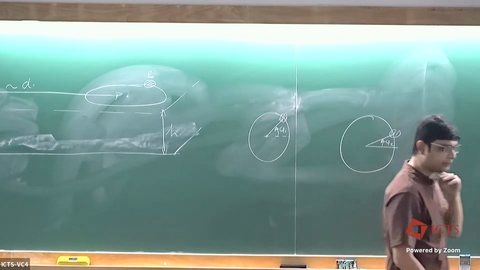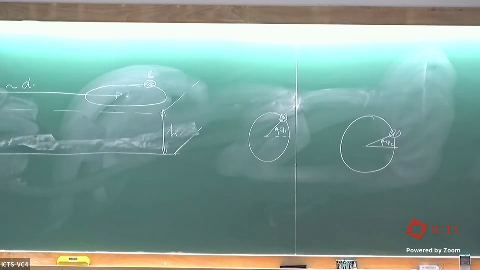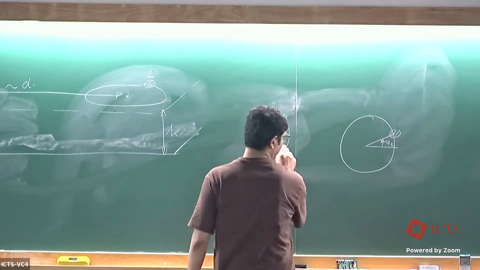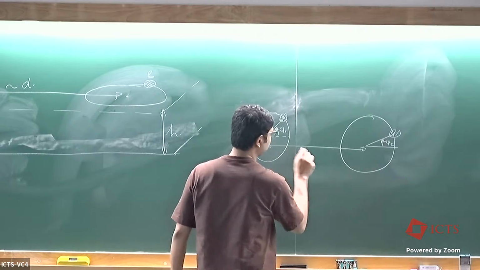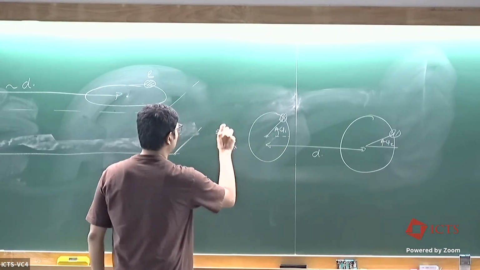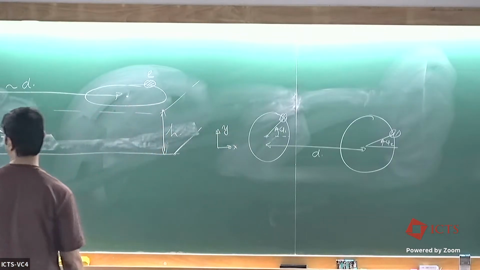Yes, absolutely, you can tilt it, you can do all those sorts of things, and they just make the calculations fairly complicated. We'll do the simplest thing. And this is D. And remember, this is your x, y plane.